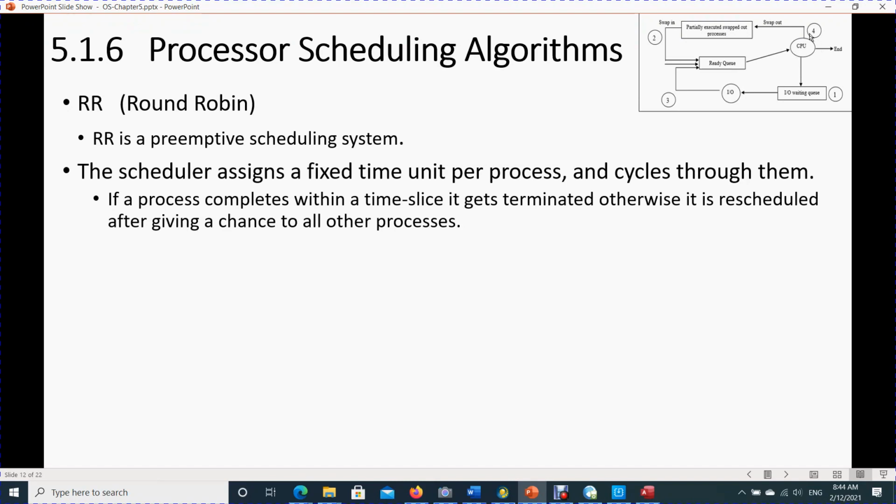If it terminates, then it terminates, and the next process from the ready queue is assigned to the processor. If it times out, it goes into the queue to be cycled through again. If it hits an I/O interrupt, it is interrupted until the I/O finishes, and then it goes back into the ready queue.